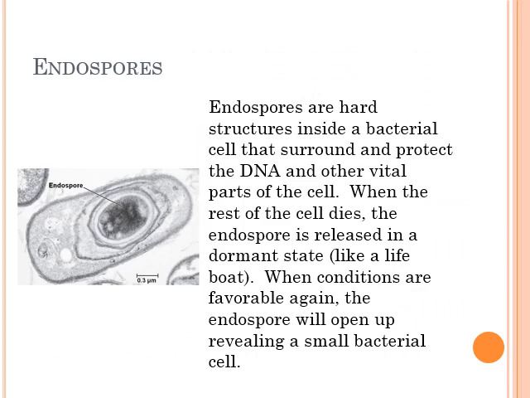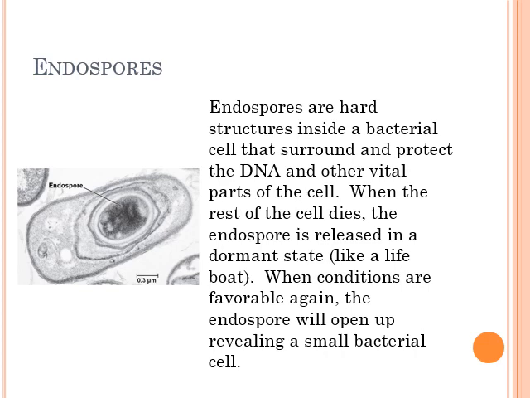But that's just when nutrients aren't available in the environment. Sometimes the environment itself gets bad. Sometimes the bacteria cannot survive in the environment it's found itself in. In that situation, the bacteria might surround its nuclear material with what's known as an endospore, a structure within the cell to protect the most vital components of it.